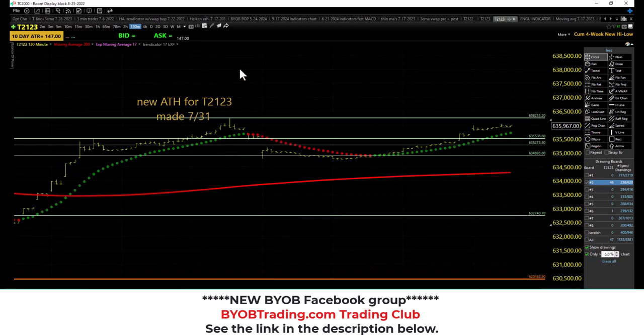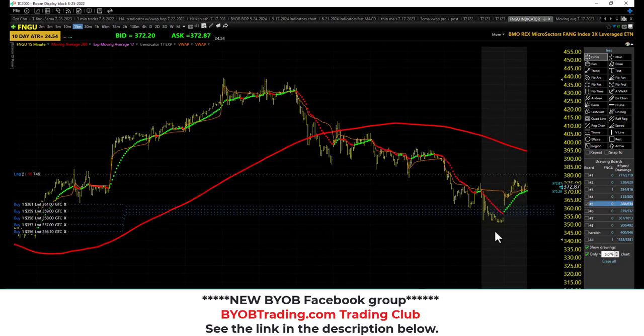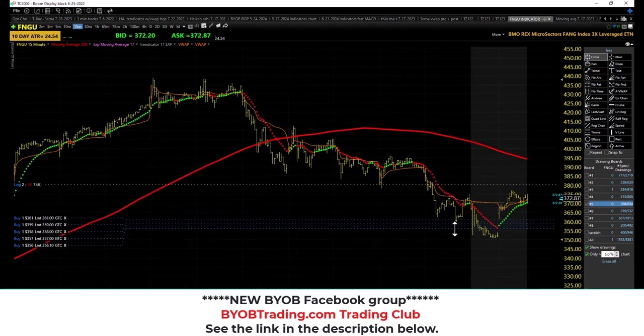All right, so there's T2123 FNGU. Okay, nothing pretty happened in FNGU yesterday, except you had a buying opportunity back here at 350. That's about the only thing that was good. Price action, you can see from the beginning of the day was selling, so it's red all day, until the last 3 candles, which came in green, had a little pop off of support.